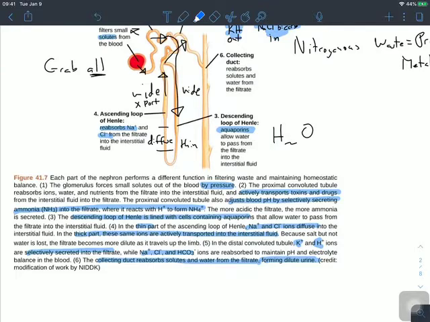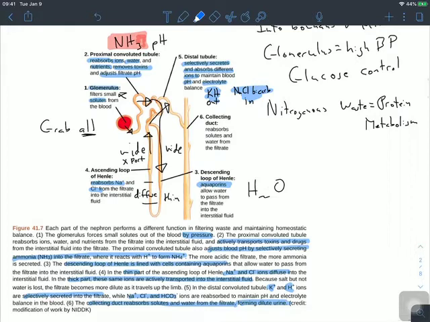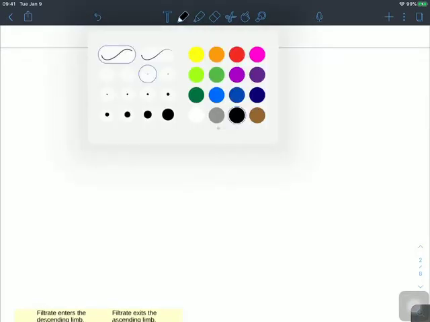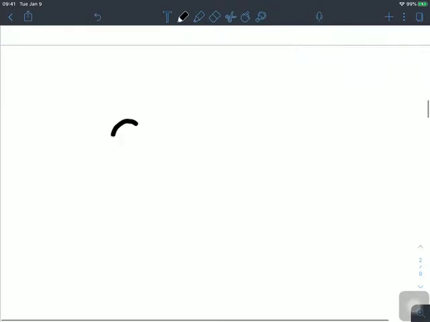Whew, what an adventure. This professional schematic is something that I will repeat in a slight cartoon fashion now. Okay, so let's get to our new page and let's do it. So, we of course begin with our glomerulus and the Bowman's capsule.